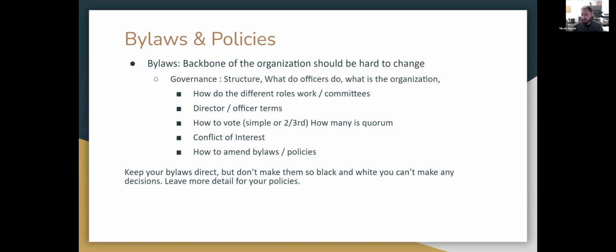Typically they do Robert's Rules of Order, standard practice here in America. But that doesn't necessarily fit every nonprofit. That's just the most common one that everybody understands. Regardless, your bylaws should illustrate how the board can make those decisions. How do they vote? How many board members are a quorum? That goes back to that initial question of how many board members your organization has.